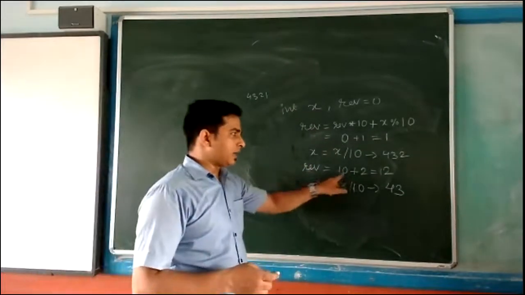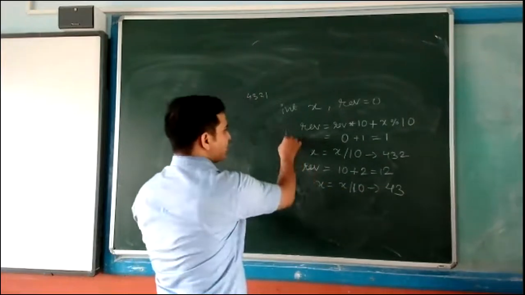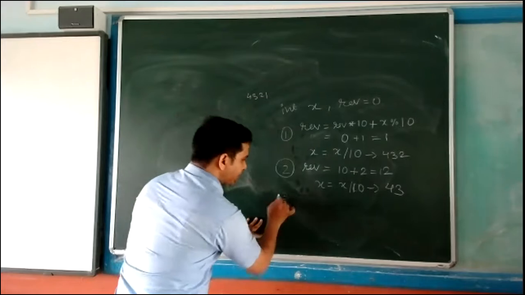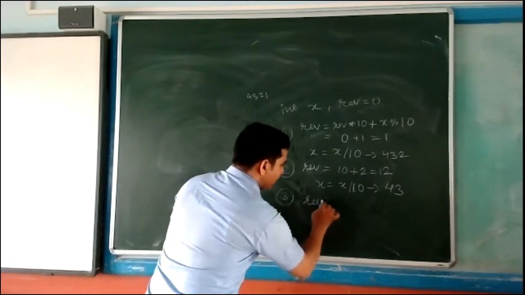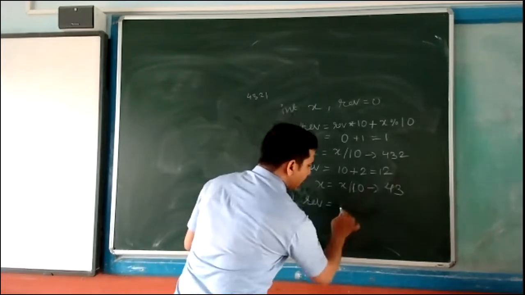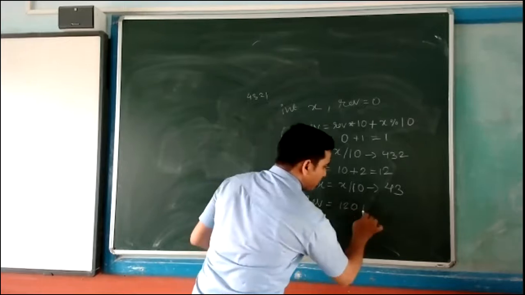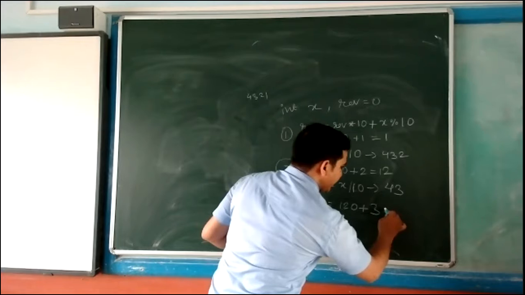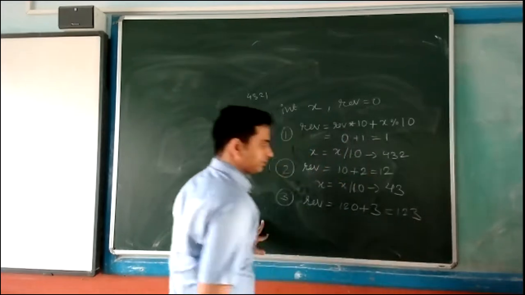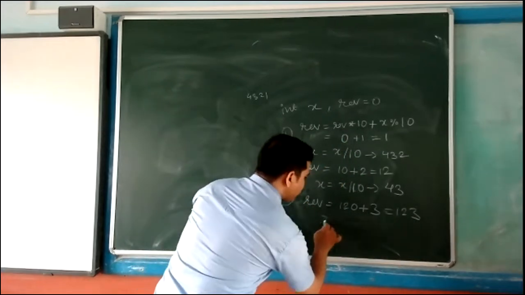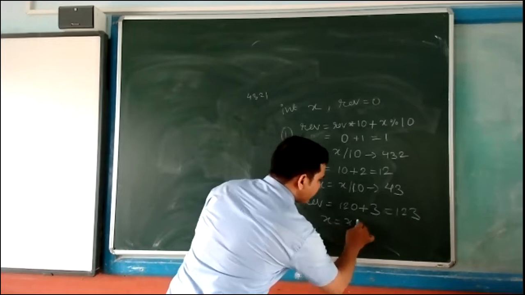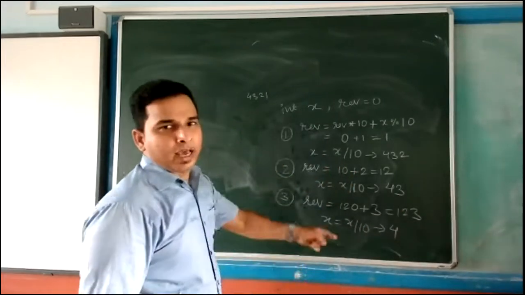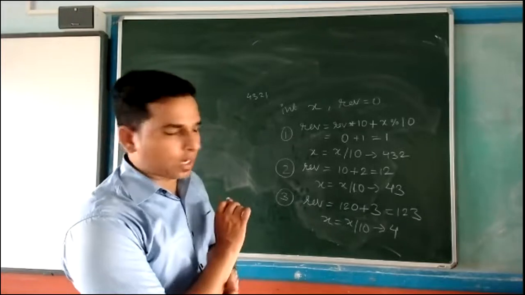And the reverse value is 12. This is step 1, this is step 2. In step 3, again reverse value is 12 into 10, that is 120, plus 43 modulus 10, the remainder will be 3, that is 123. And again I update x, x divided by 10, 43 divided by 10 is 4.3, so 4 will be the final value.